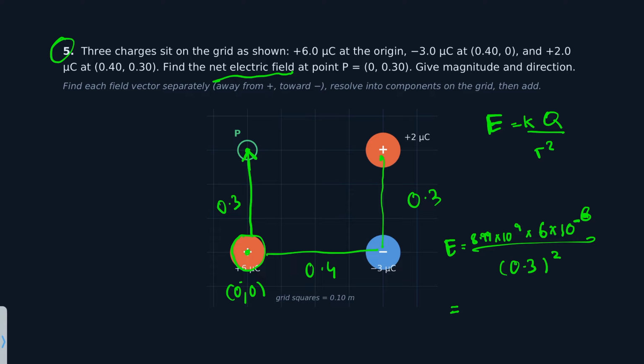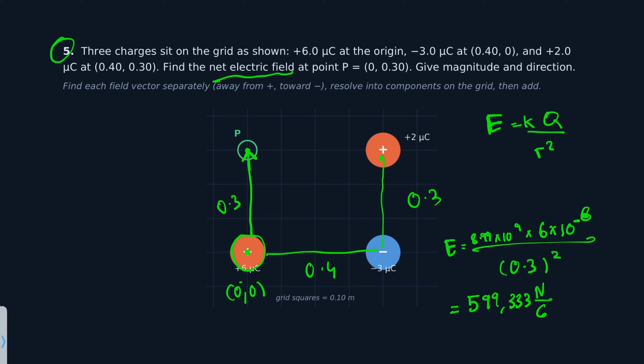So then this is about 599,333 newtons per coulomb, okay? Which makes sense because that's what the units are going to be in.